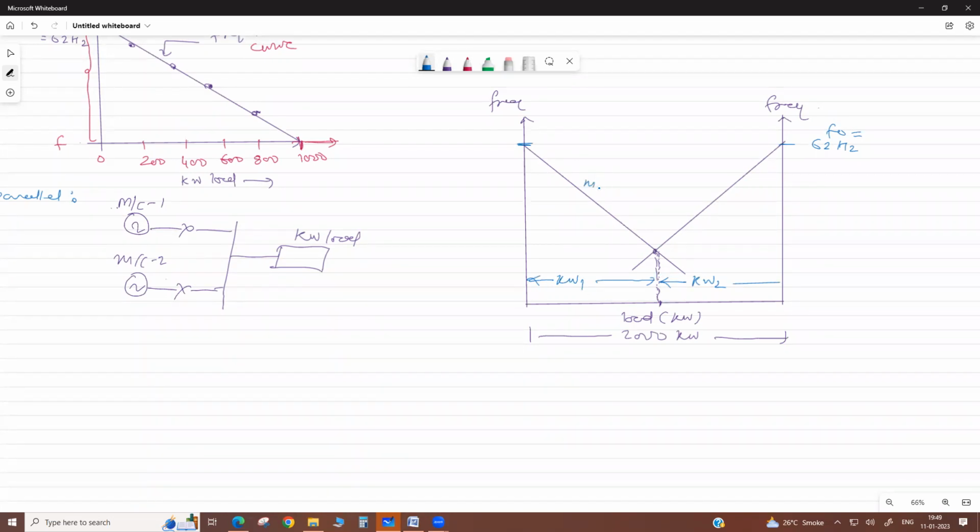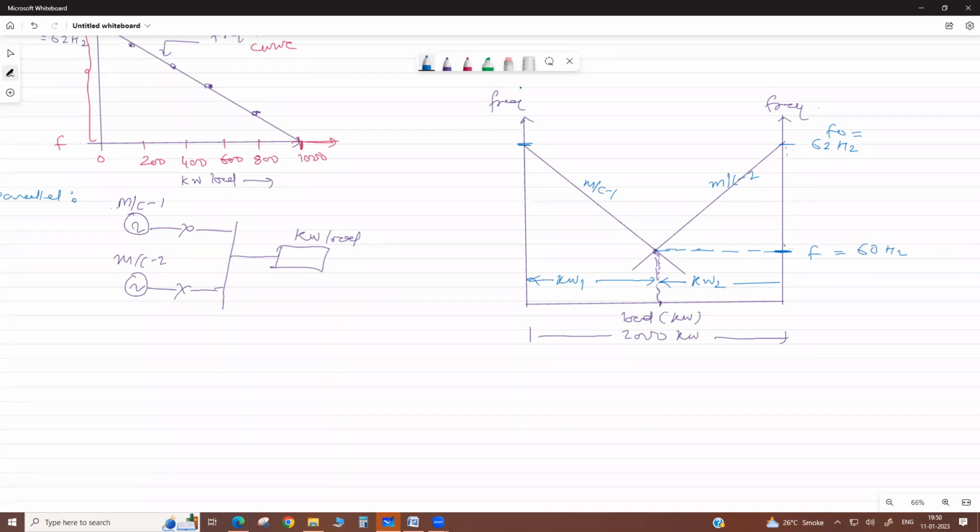This is the characteristic of machine 1, and this is the characteristic of machine 2. So they share the total load equally if their droop settings are equal. The operating frequency at this full load operating point is F. It may be 59 or 60 hertz, whatever it is, less than the no load frequency. This is the percentage droop, from here to here.